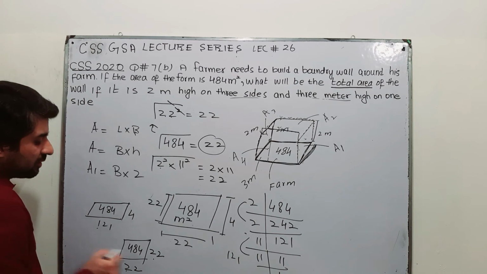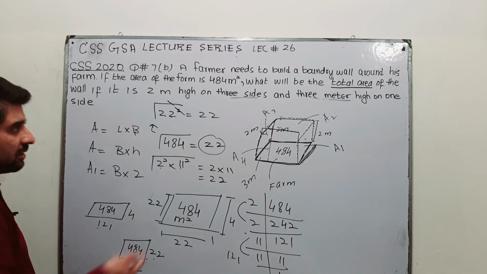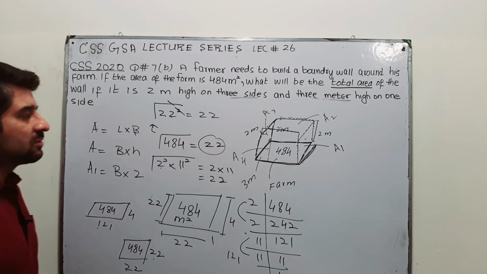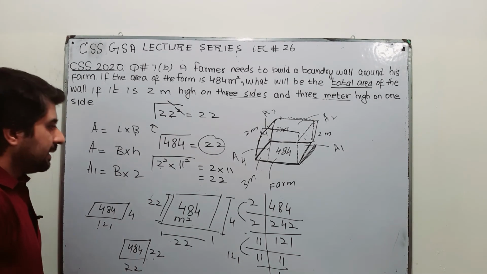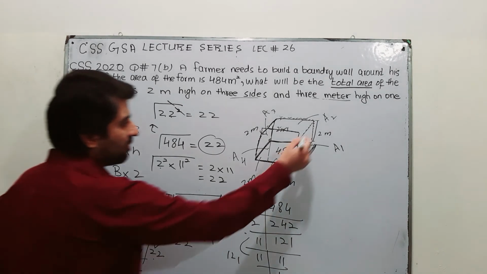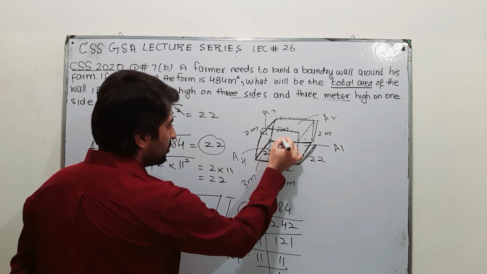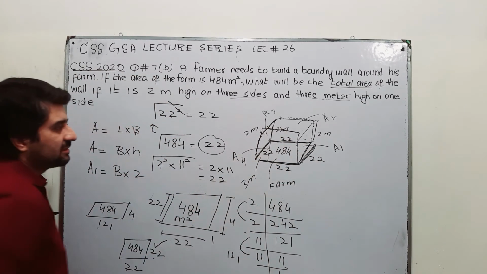So you can choose your dimension. They haven't told us in the question whether it is a square or rectangular form. Anyhow, if I take this one as the base, then all these lengths are 22.